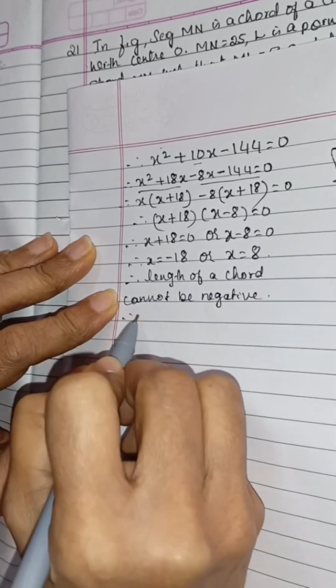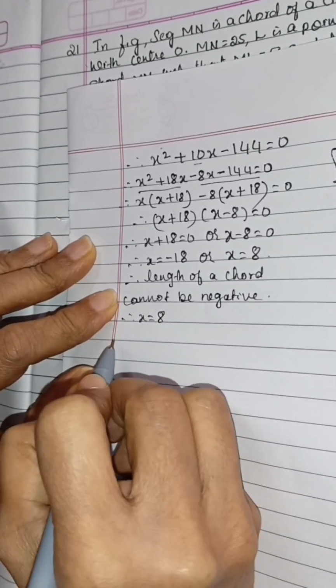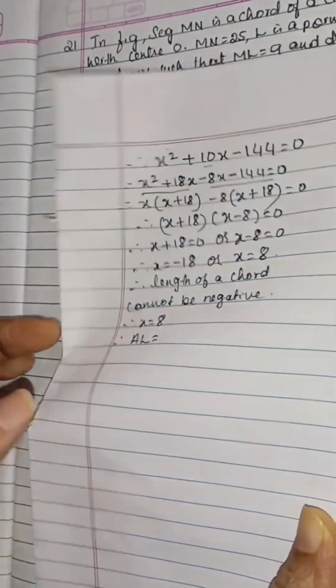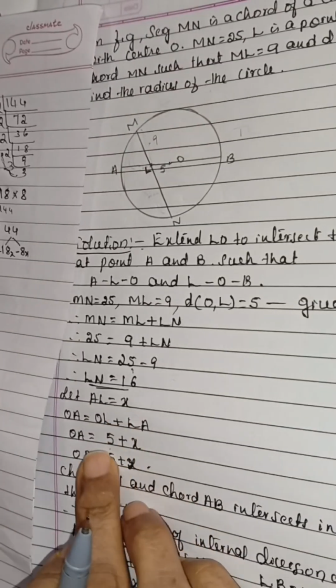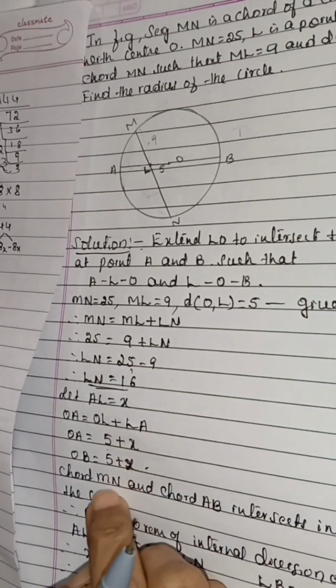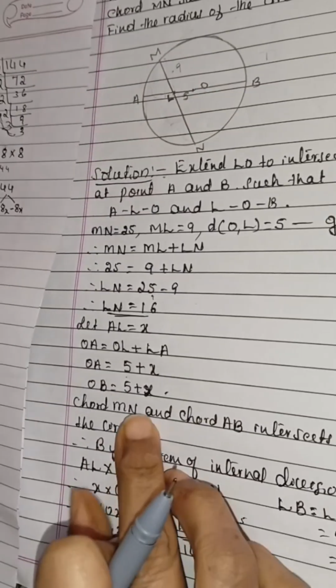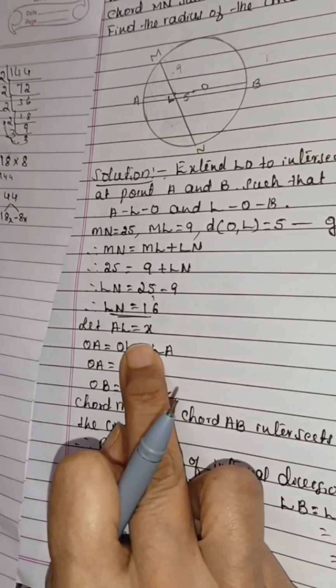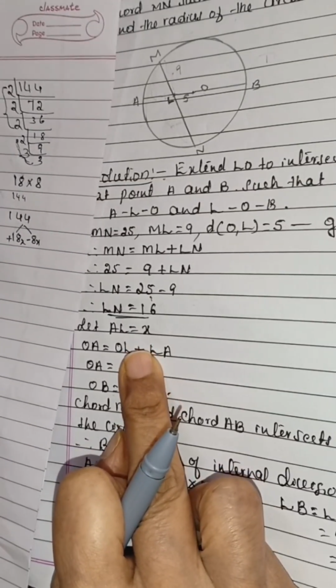Therefore x is 8. Therefore AL is, x is 8 we took. AL is x.